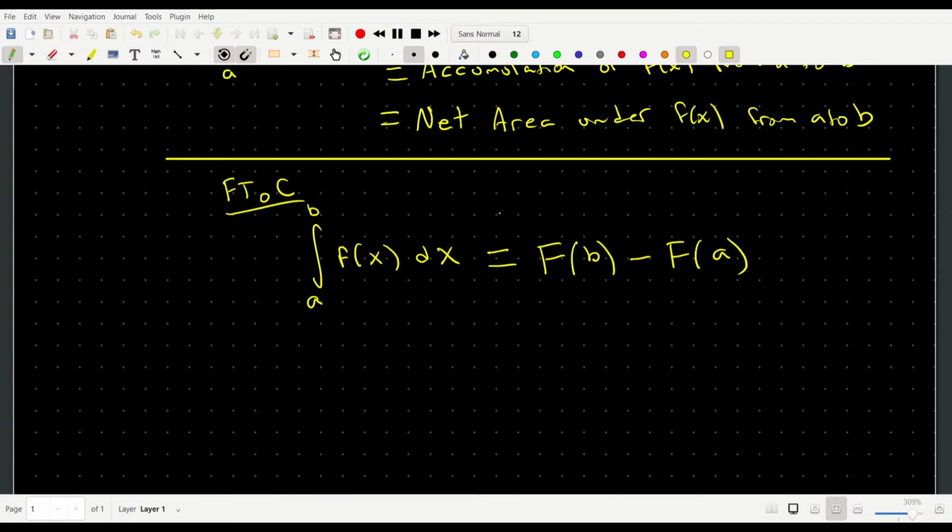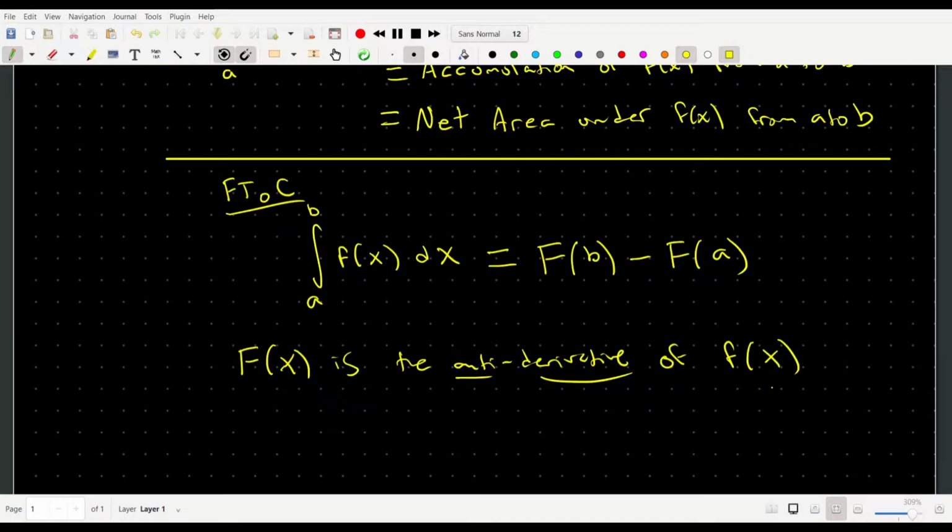So this is capital F of B minus capital F of A, where capital F of x is the antiderivative of the function lowercase f of x on the interval from A to B.